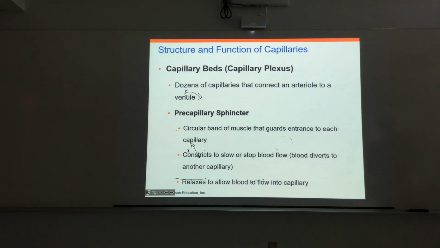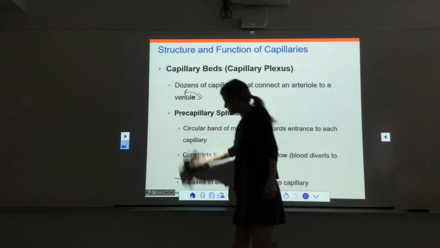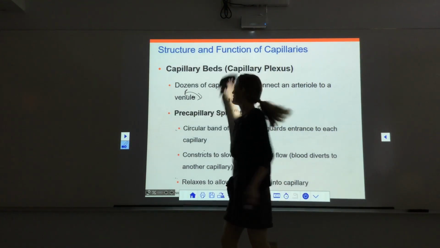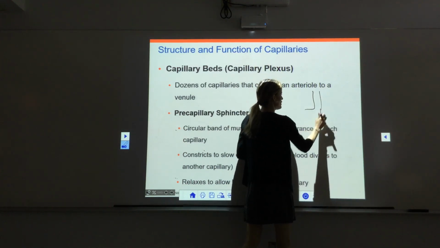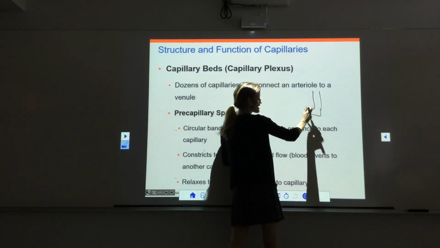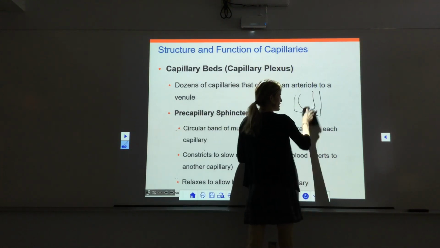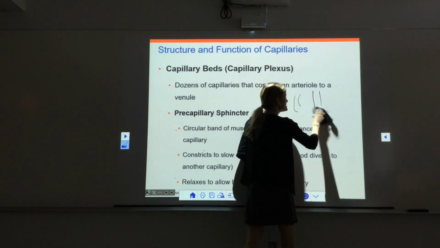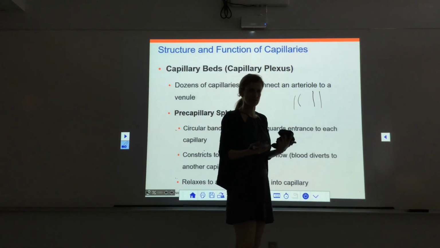When we talk about capillaries, they do not exist as one single vessel. It's not like you have an artery, an arteriole, a capillary, and then a venule. It's not like that. You don't have this one single vessel. Capillaries exist as capillary beds or a capillary plexus.